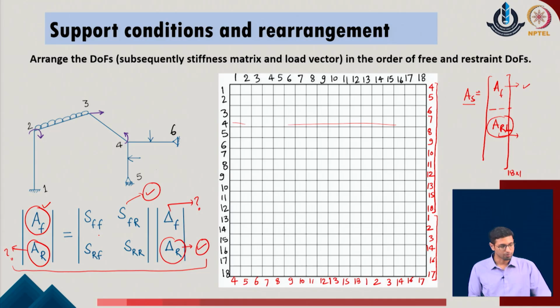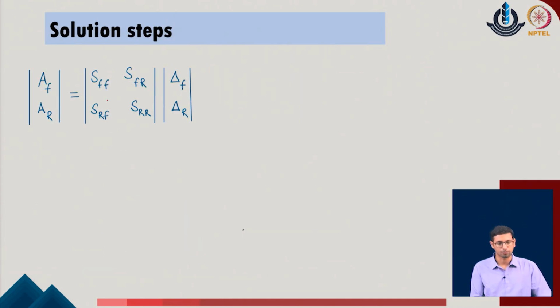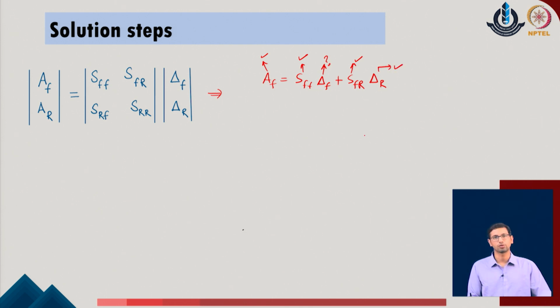So, now what we do, we break this system of equations. We say that A of F is equal to S of FF delta F plus S of FR into delta R. In this equation we realize that this value is known to us, stiffness parameters are all known to us, delta of F is an unknown parameter, whereas delta of R is a known parameter to the given system.